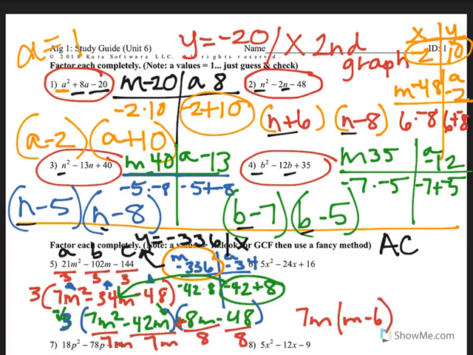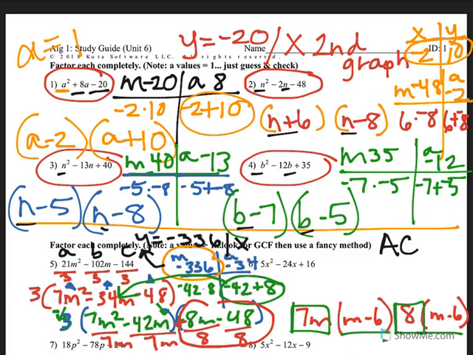Then over here, I divided by 8, so 8 is going on the outside, and what I have left is m minus 6, okay? And these should always match, keep that in mind. You should know that as a review. And then my two factors are going to be the 7m plus 8 on the outside, and then m minus 6.